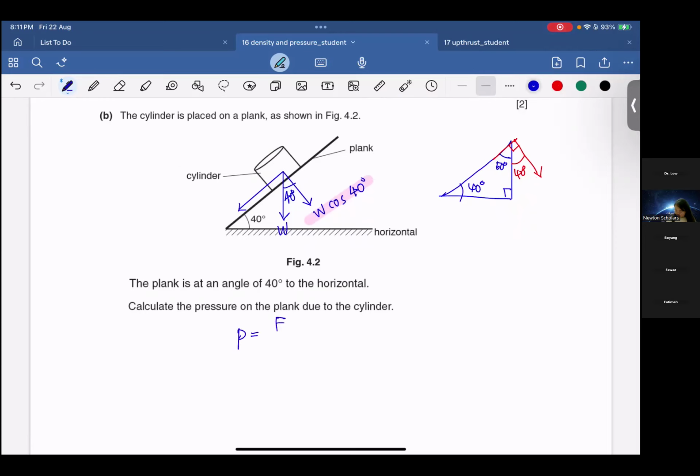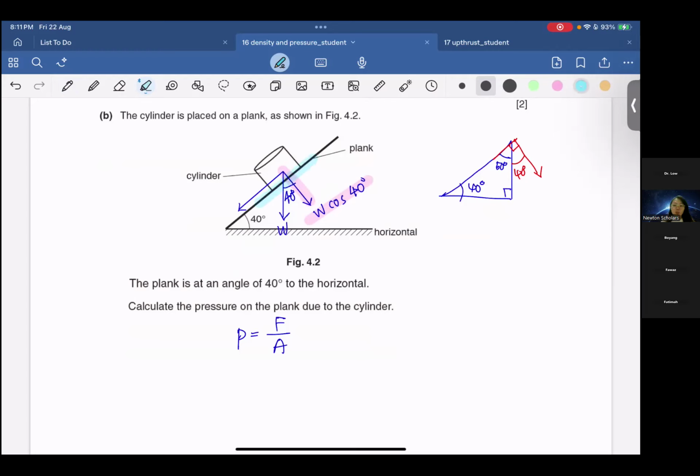Pressure is the force divided by area. The force for the pressure must be perpendicular to the surface. So the force that we're calculating must be perpendicular, acting on the surface. Where is your surface? Here, this is your surface.